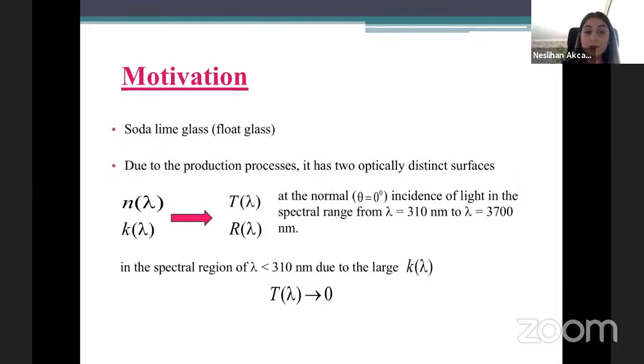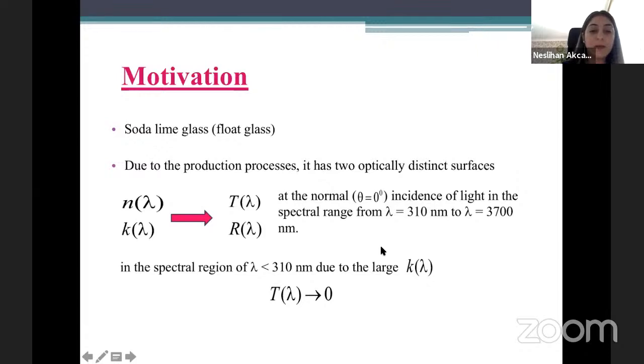Another motivation of our work is that in the literature, usually the optical constants, refractive index n and extinction coefficient k, are calculated using measured transmittance and reflectance data at normal incidence of light in the spectral range from lambda equal to 310 nanometers to 3700 nanometers.